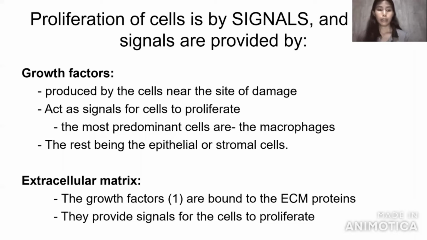So the growth factors act as signals for cells to proliferate, and these growth factors are produced by the cells near the site of the damage, the rest being the epithelial or stromal cells.